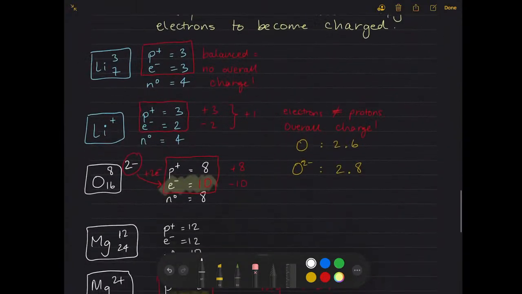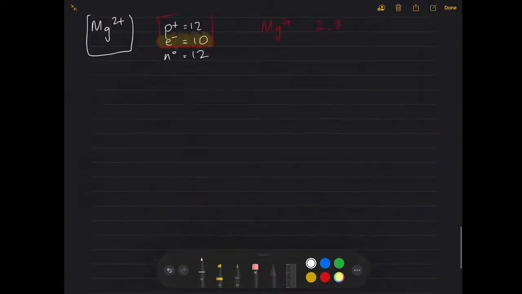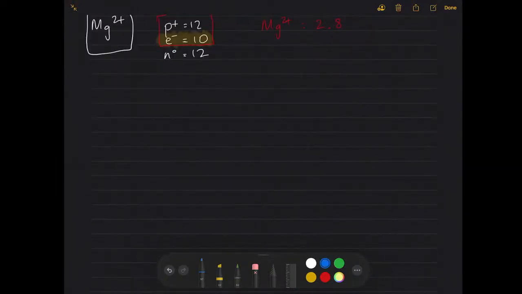You can practice away on ions in your own time, which leads us to a last section on isotopes, which can get quite tricky.